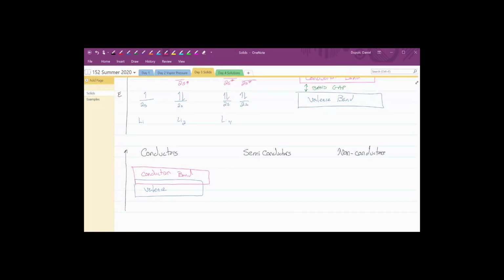Semiconductors, right? Semiconductors have a valence band. And they have a conduction band. All right, and there is a small gap.